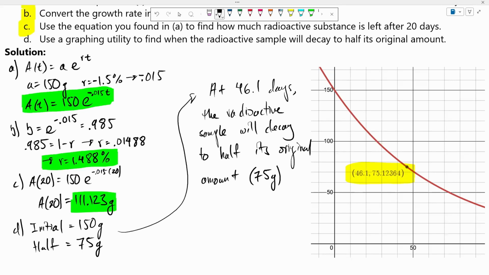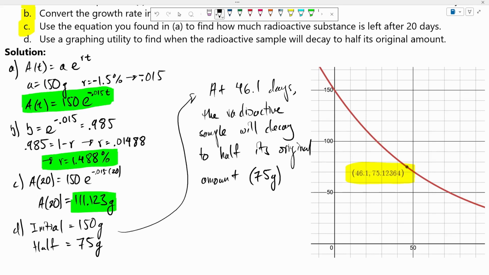In about 46 days, a little bit over 46 days, the radioactive sample that we started with, 150 grams of it, will decay to half, to 75 grams of the original amount.